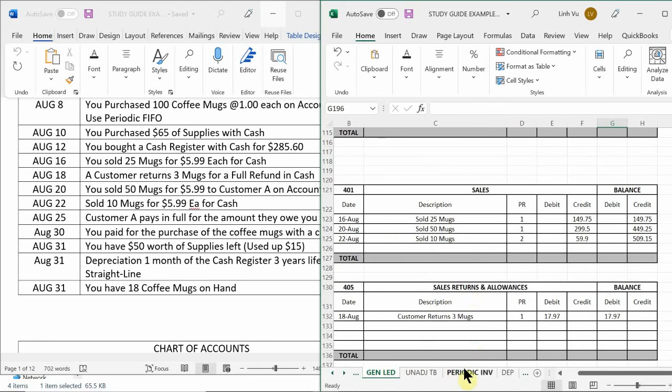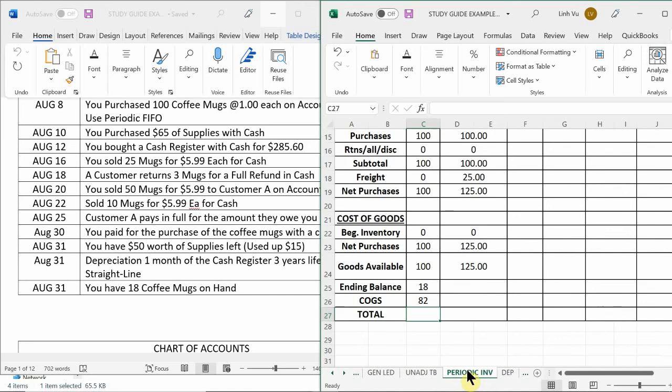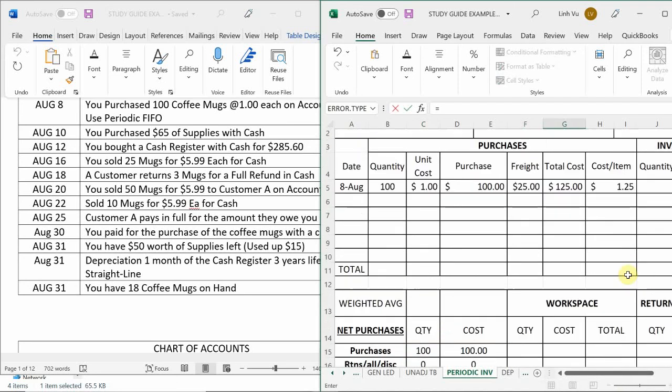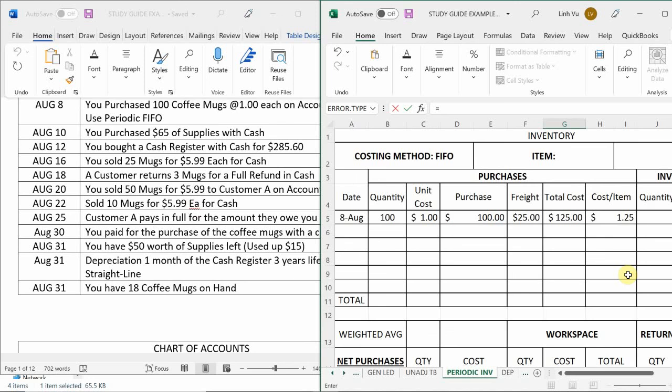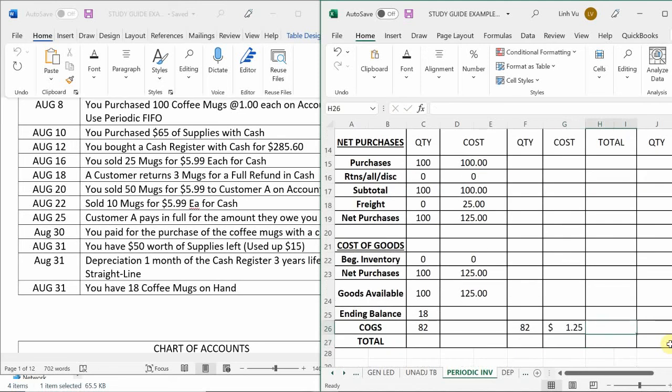So then go to periodic inventory. In this case, now I need to solve for either or. Either I solve for the cost of goods sold or I solve for the ending balance. So let's take a look at my cost of goods sold. If I sold 82 mugs, and since I'm using FIFO, I only have one batch of inventory, so it's going to cost me $1.25 each.